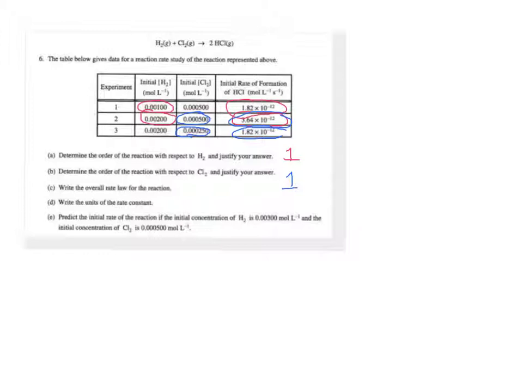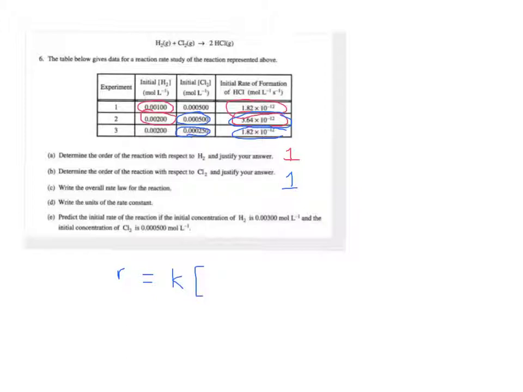Part C asks us to write the overall rate law for the reaction. This part is easy since we already determined the order of reaction with respect to each of the reactants. We can write that the rate is equal to, there's always going to be some rate constant.